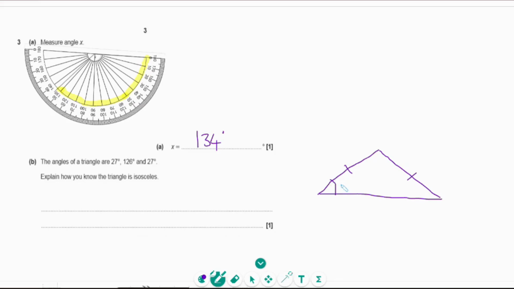If I drew a picture from the information, we've got 2 angles of 27 degrees and an angle of 126 degrees, so it is isosceles because 2 of the angles are the same.